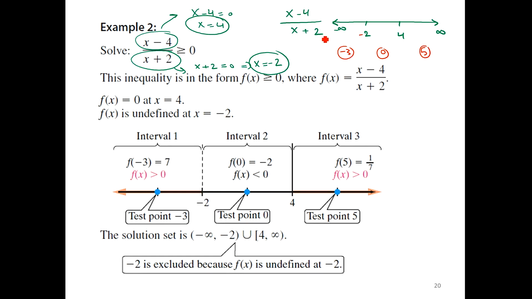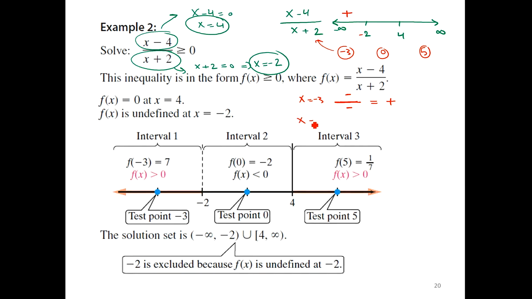If we substitute minus 3, at x equals negative 3, we have negative 3 minus 4, negative, over minus 3 plus 2, negative. Okay, negative over negative, so we have positive here.